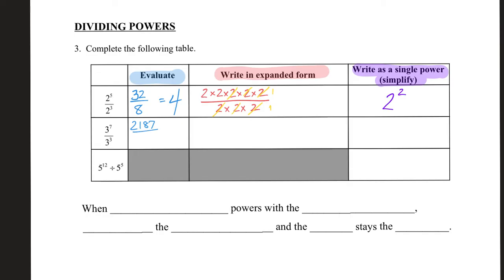Okay, now we take a look. We've got a 3 cubed. There is a 27. And if I take 2,187 and divide it by 27, I'm dividing it by almost 30. So if I take like 2100 and divide it by almost 30, then I'm looking at like 70 something.